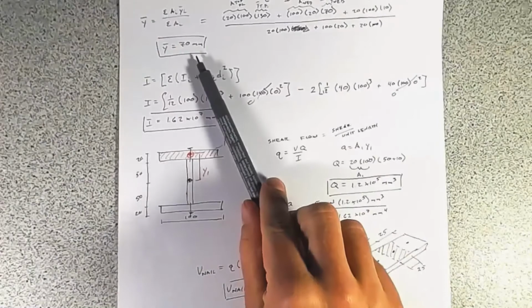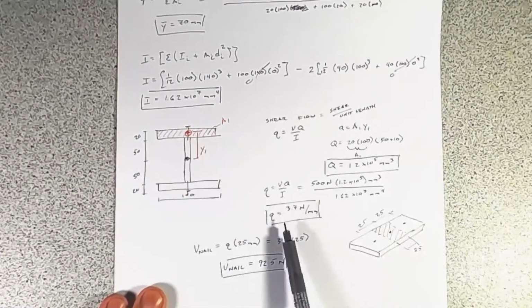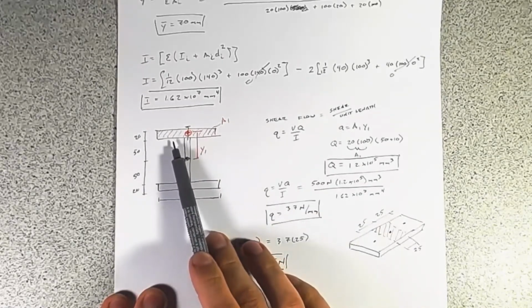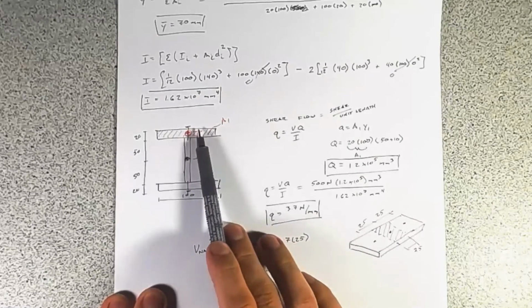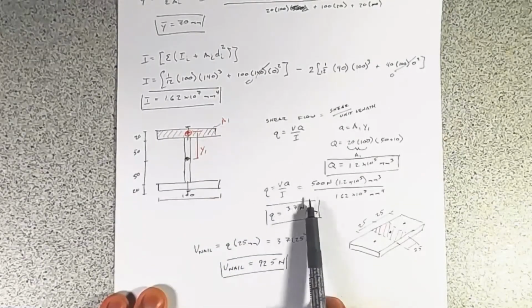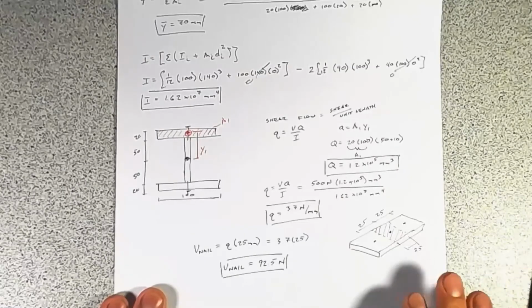So finding the centroid and I, we have to do that for most sections anyways. And then the Q, we've already had a lot of practice working with how you find Q, so that's just A1 Y1. And then it's a pretty straightforward equation. And then we just work out our spacing, and that gives us our shear per nail.